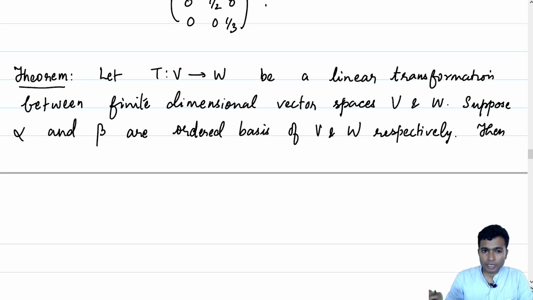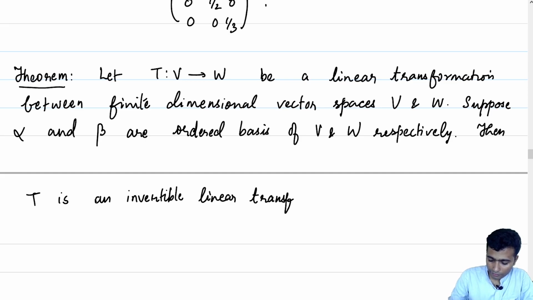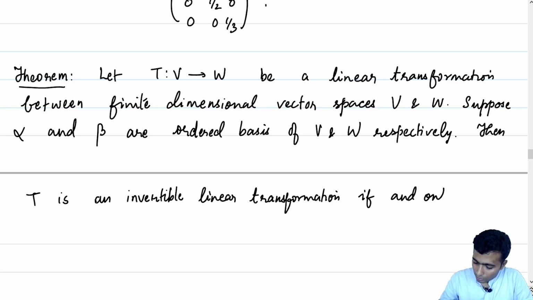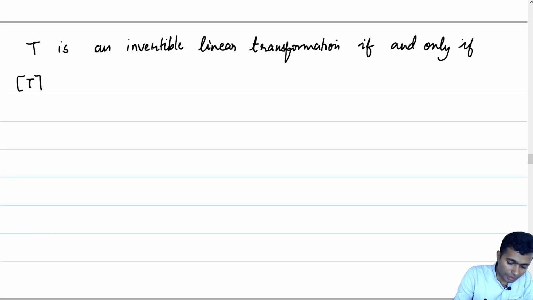Then the theorem states that T is an invertible linear transformation if and only if the matrix associated to T with respect to alpha and beta is an invertible matrix.